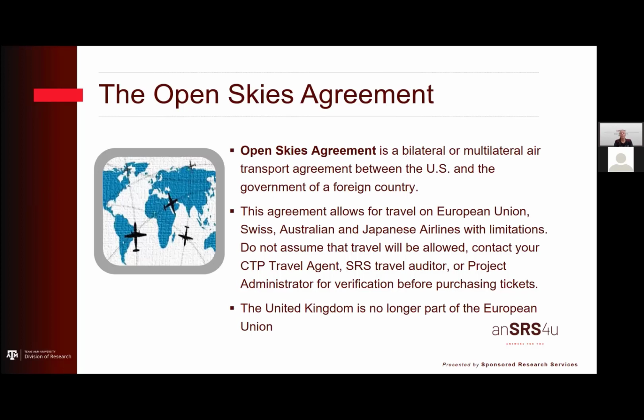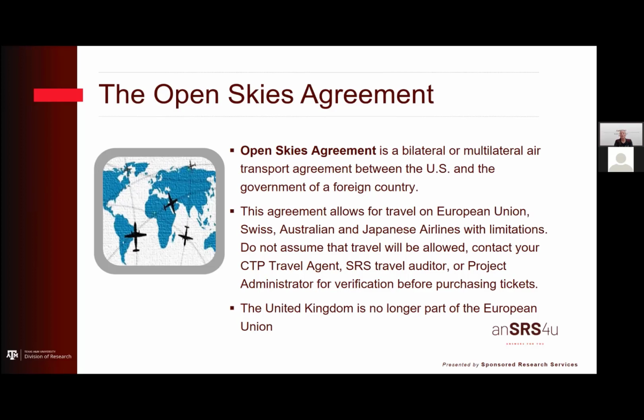The Open Skies Agreement is a bilateral or multilateral air transport agreement between the U.S. and the government of a foreign country, and is the largest exception to the Fly America Act. The agreement allows for travel on European Union, Swiss, Australian, and Japanese airlines with some limitations.